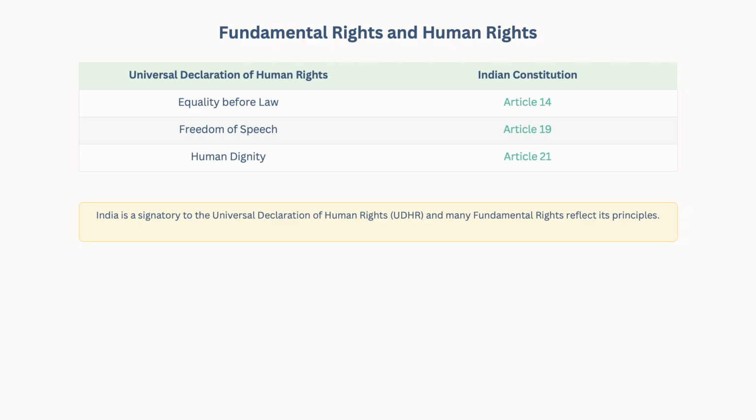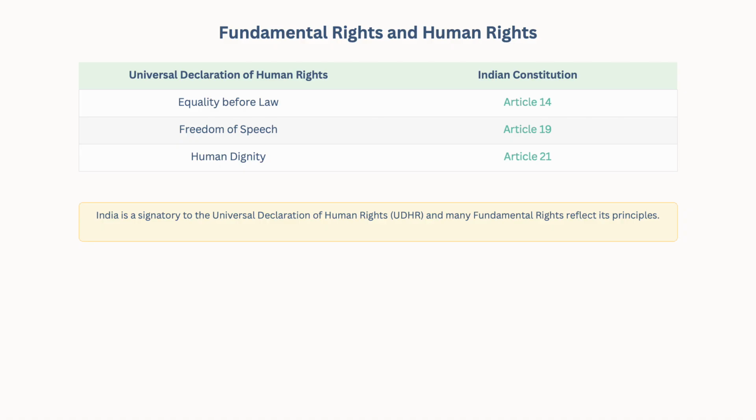So the United Nations declared one right, equality before law. We also copied that and added it in Article 14. And the United Nations has another human right, freedom of speech. It's also contained in Article 19 of the Indian Constitution.